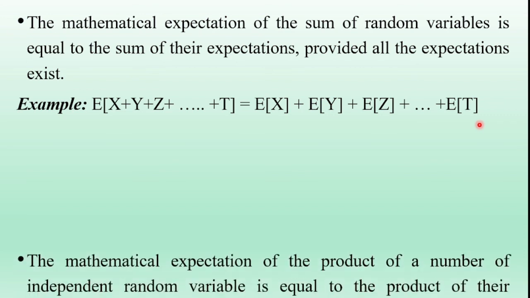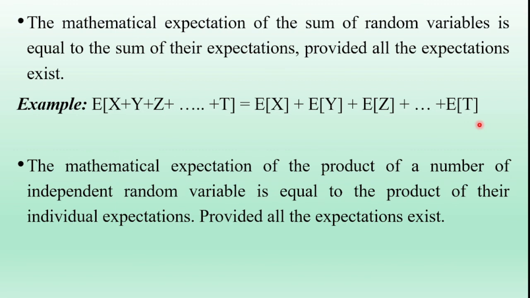The next property is, the mathematical expectation of the product of a number of independent random variables is equal to the product of their individual expectations, provided all the expectations exist.